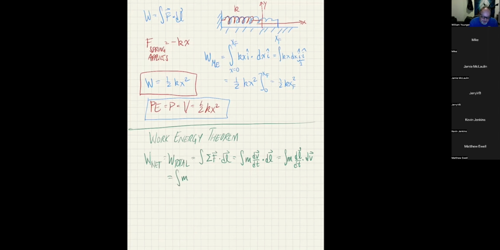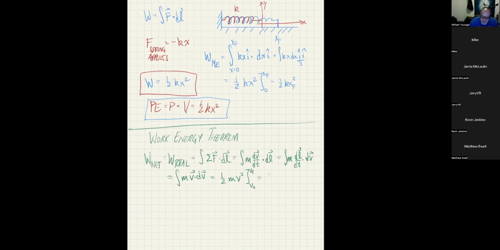Velocity. Exactly. So we've got m v dotted with dv, and I think you can tell what that means. That means we're going to have 1/2 m v squared evaluated from v initial to v final.